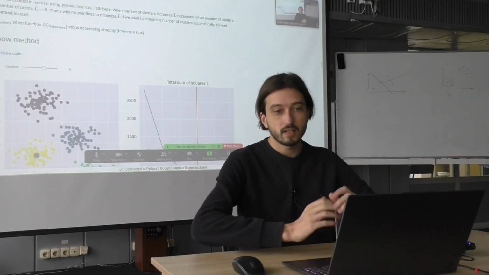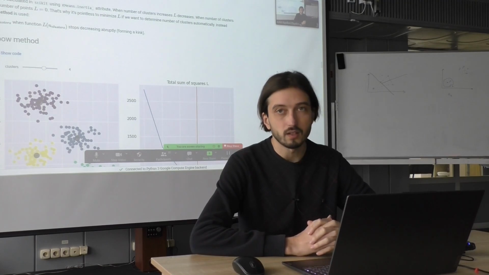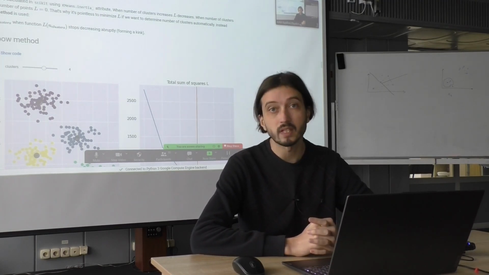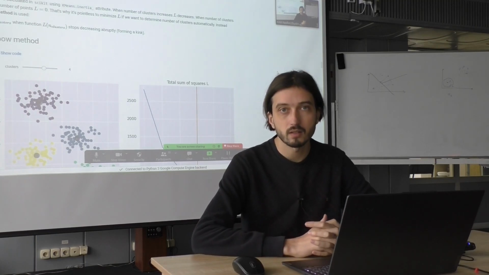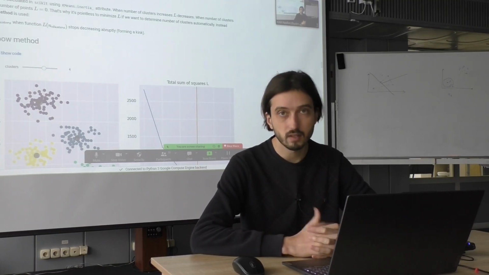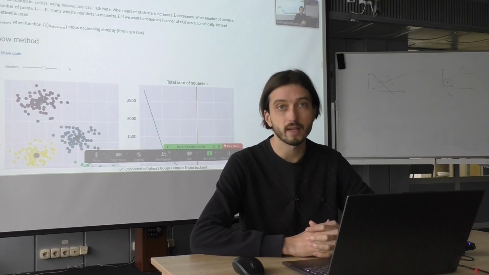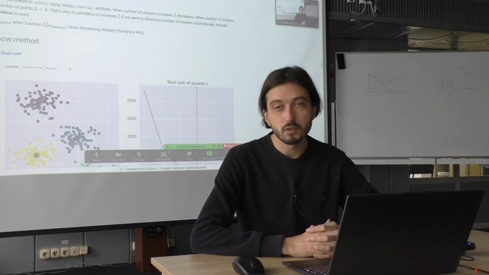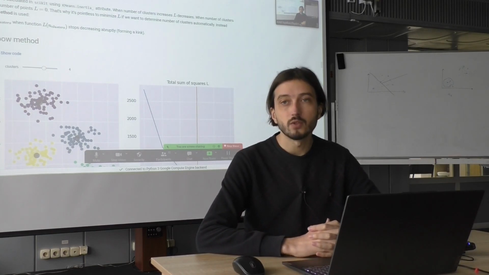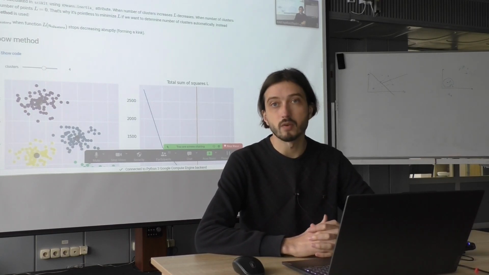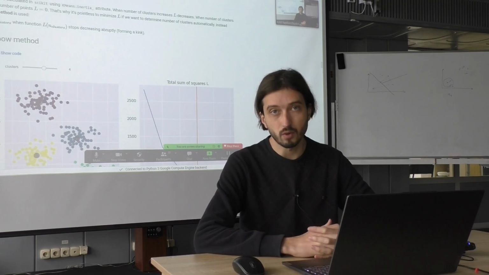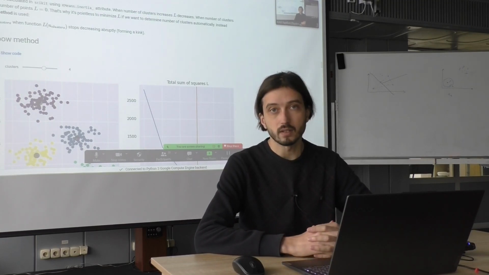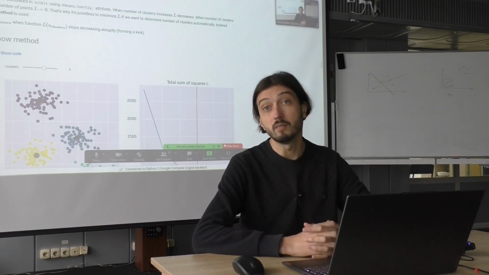Okay, let's continue. So we have already considered how to perform k-means clustering, and even a few methods, how we can do that more or less carefully. Now let's consider a few questions that probably remain open at this point. Question number 1: we have some parameters in our k-means method.